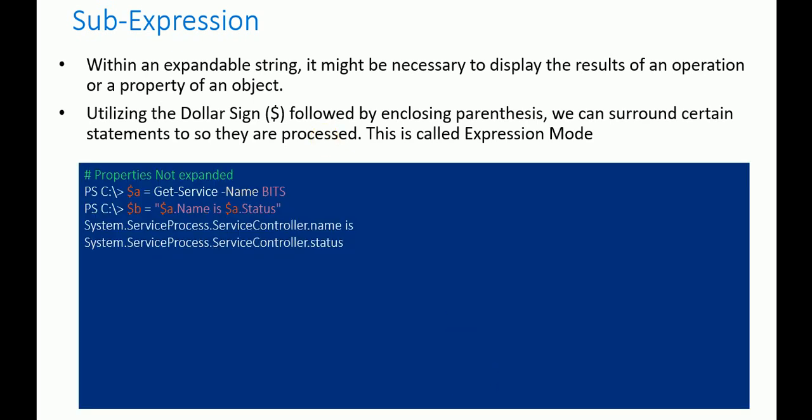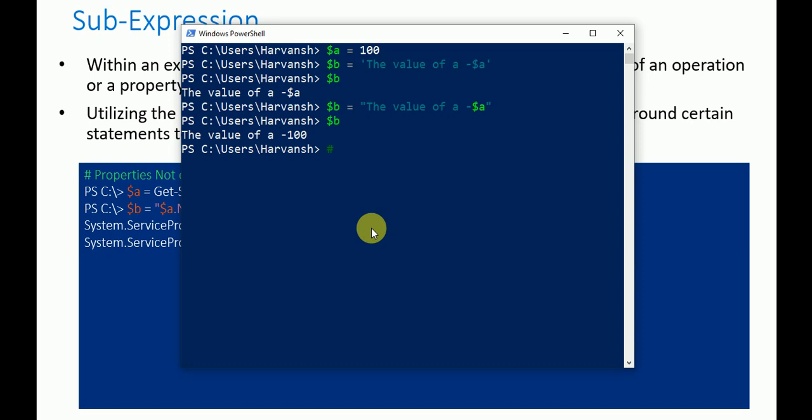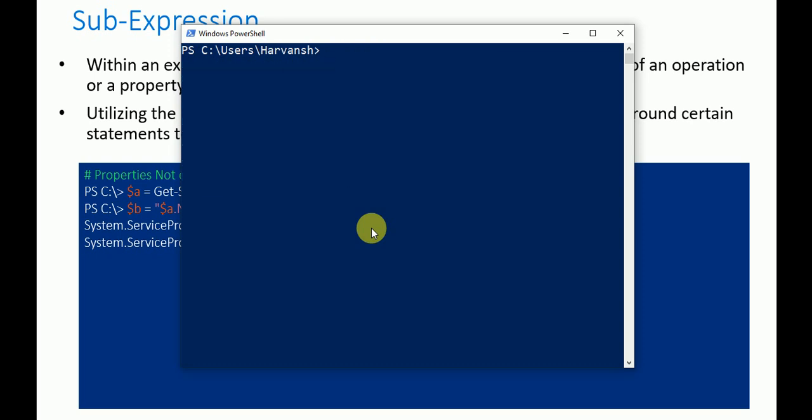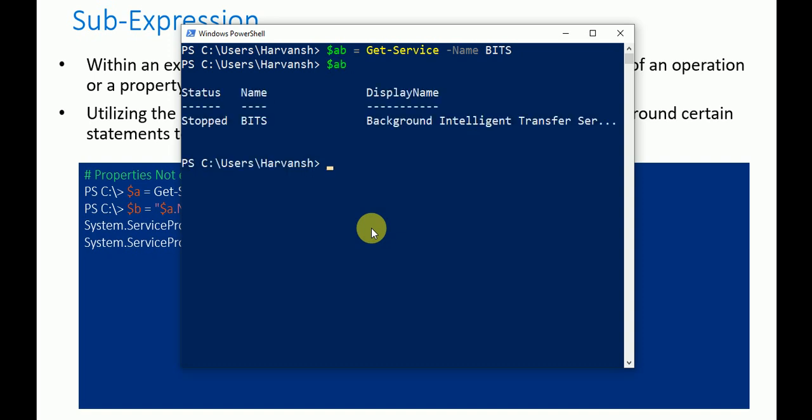Let's understand this. Let me clear this. I'm defining $AB, and let's get the service status of BITS, and check the $AB output. The status of your BITS service is printed here. But I want to print its properties, like the status and the name.